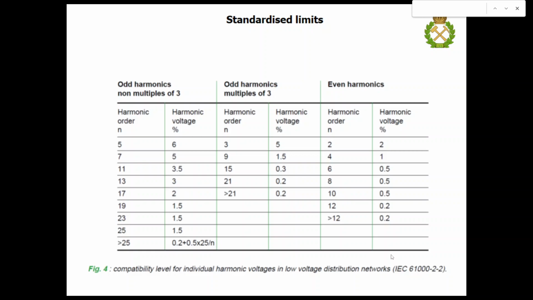The second group of harmonics is also odd harmonics, multiples of 3, and the last group is even harmonics, which are presented rarely because they are connected with some transient phenomena in electrotechnological power installations.